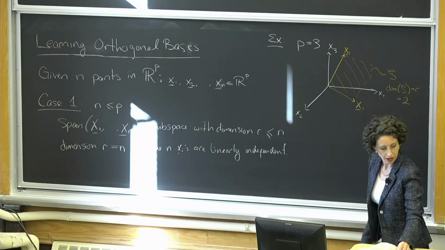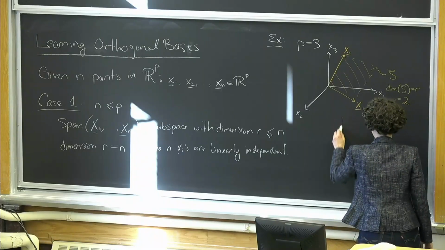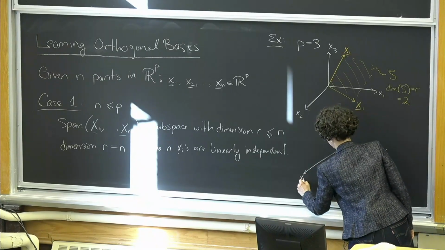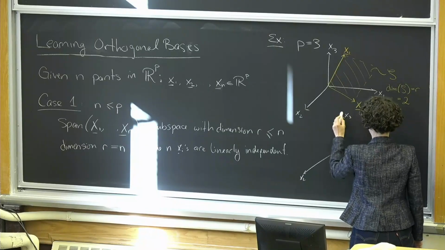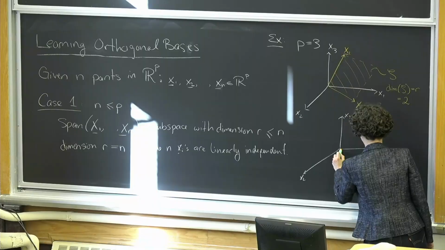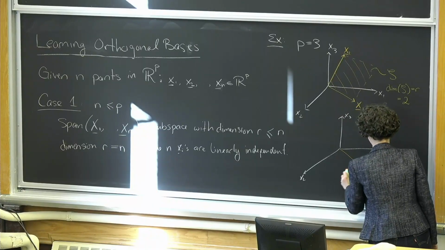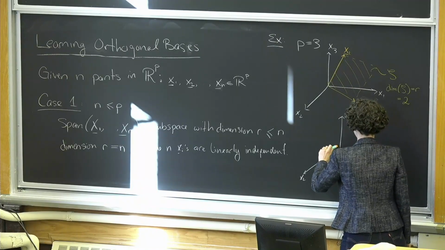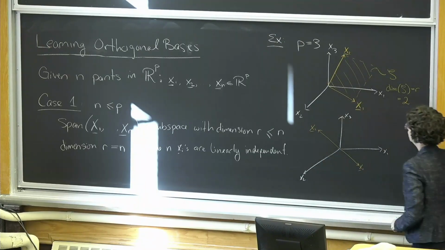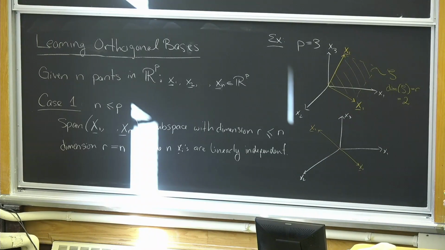We could also imagine a case where, again, we're in 3D space. And now we've got 2 points. Maybe the first one here, x1, is the same as before, but the second one out here, x2, now is linearly dependent on x1.